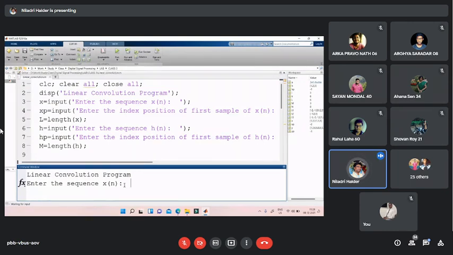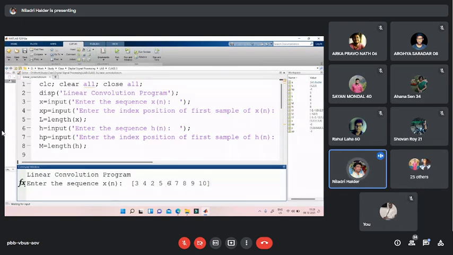Any sequence you can enter. Suppose by my choice I am taking 3 4 2 5 6 7 8 9 10, whatever the size you can choose. Now that sequence I am considering.